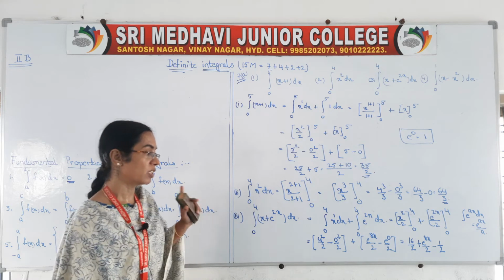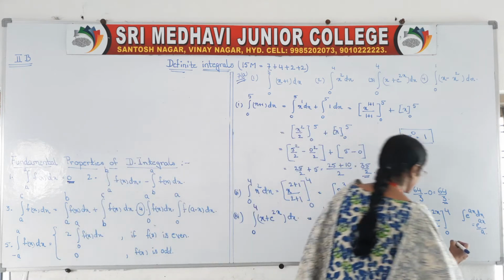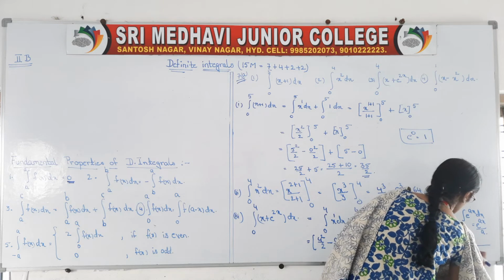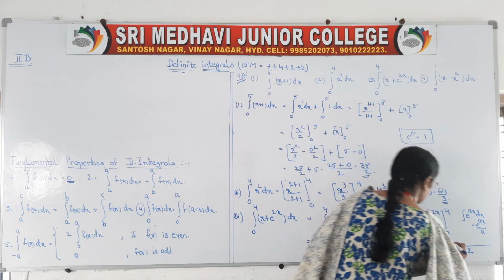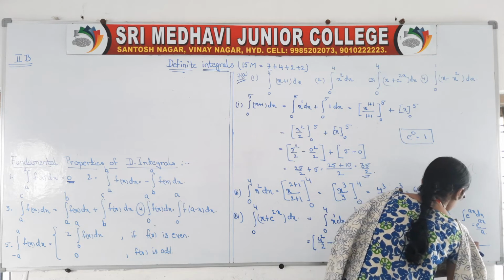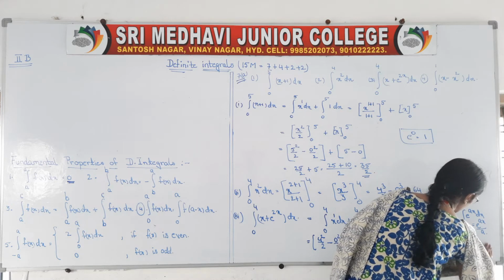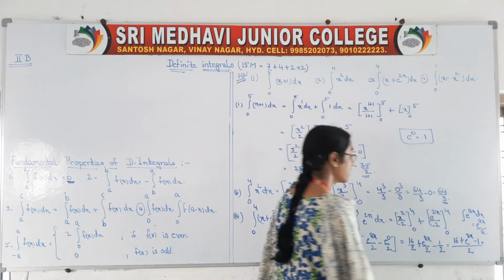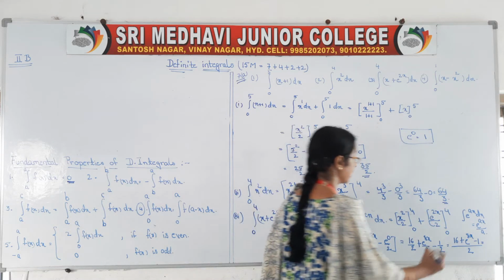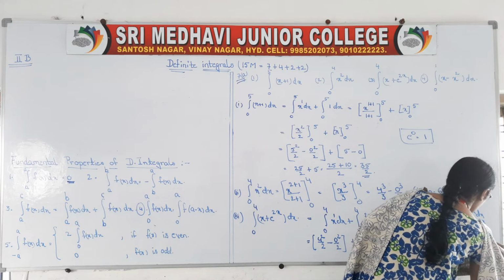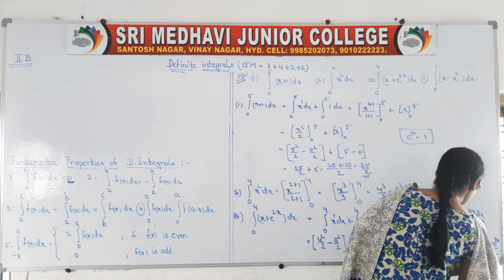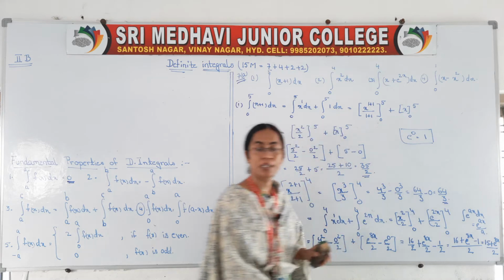Taking 2 as the LCM, it is 16 plus e to the power of 8 minus 1, which is 16 minus 1, 15. So 15 plus e to the power of 8 by 2 is the answer of your third question.